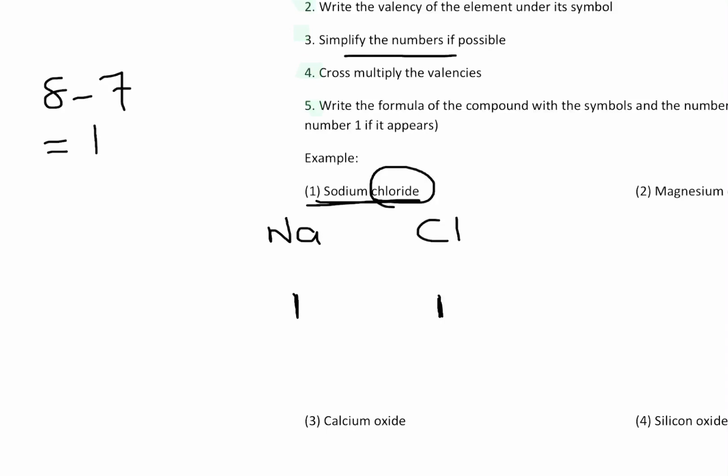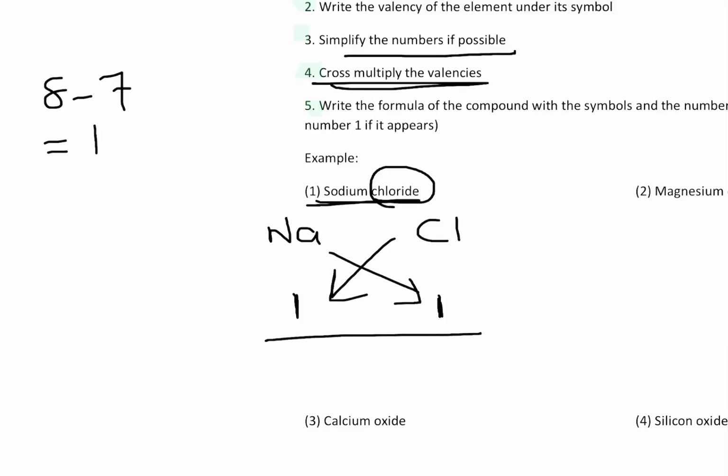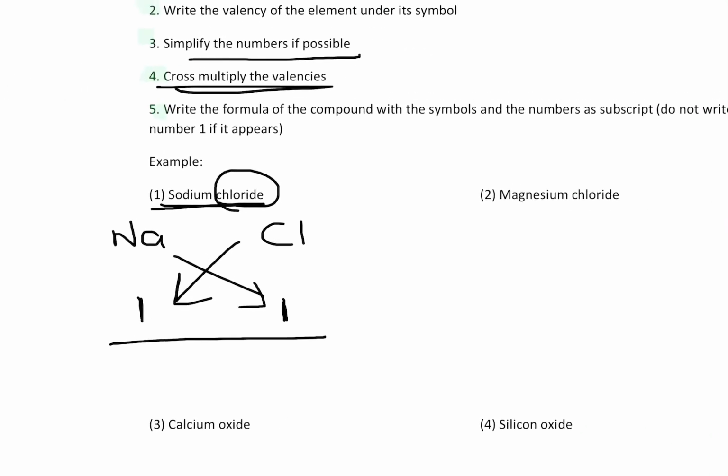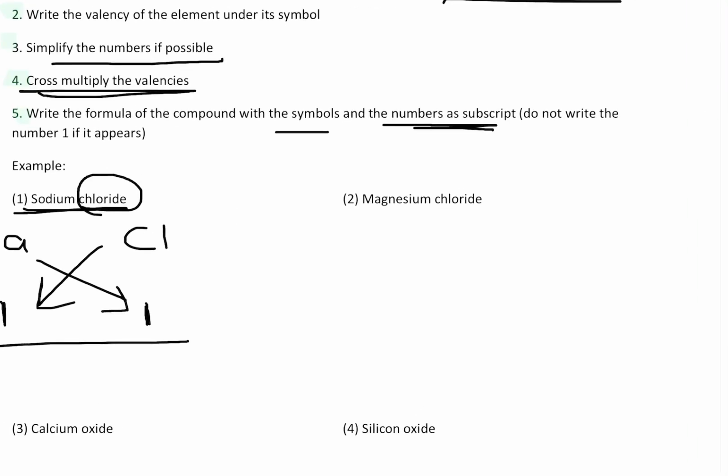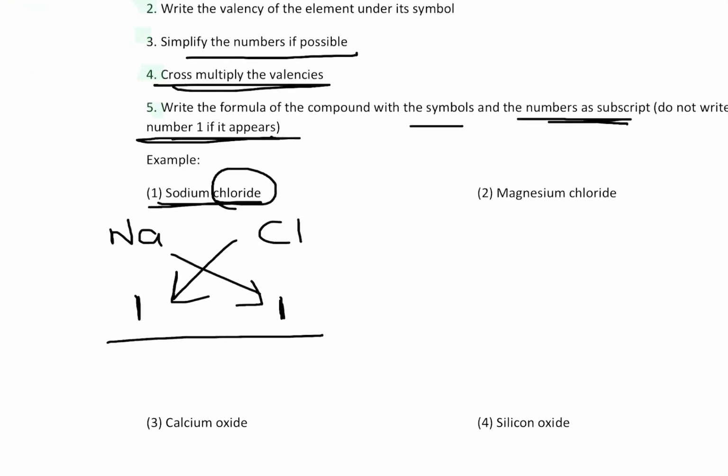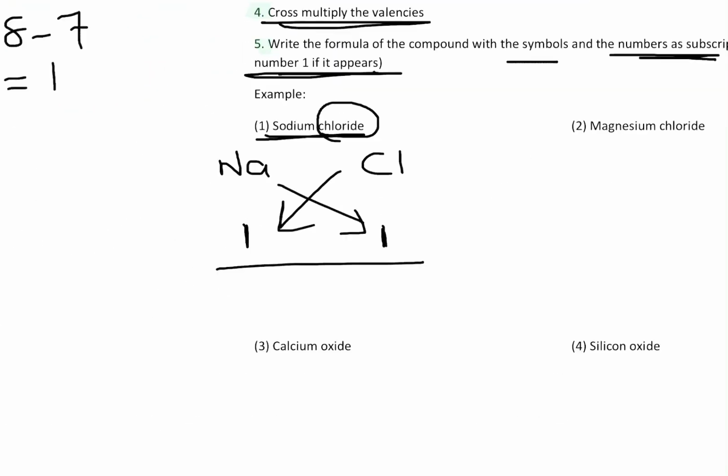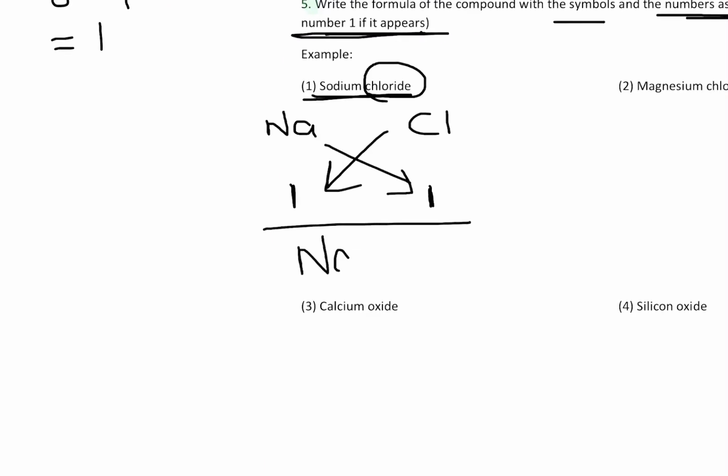Then I'm going to simplify the numbers if possible. So 1 and 1 I cannot further simplify. Cross multiply the valencies and write the formula of the compound with the symbols and the numbers as subscript. Do not write 1 if it appears. So I'm going to write Na.